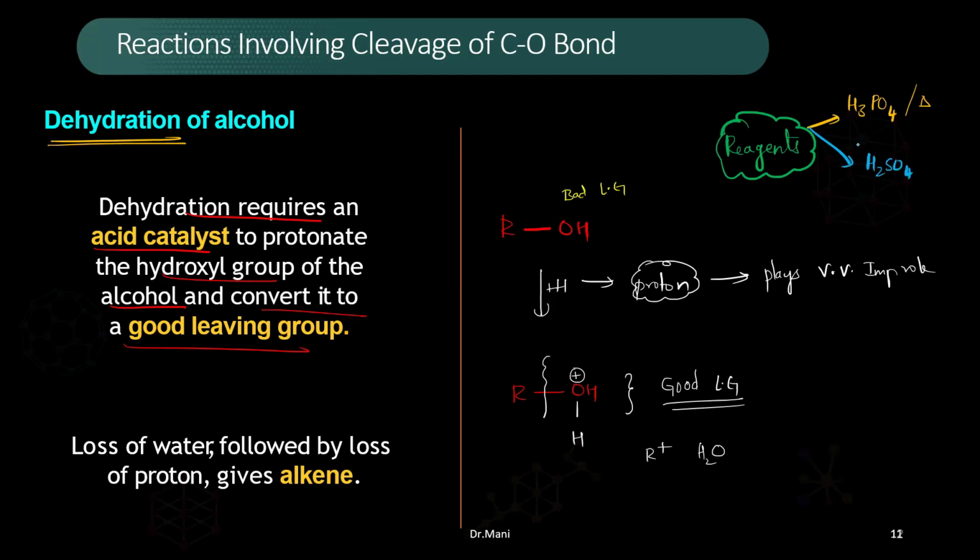It is a concentrated one, and here also you need to heat it. So these are the two reagents we'll be using: one is H3PO4, the other is concentrated sulfuric acid. Why are we using these reagents? In order to get the proton. Why do we need the proton? To convert the bad leaving group into the good leaving group. Once it is converted, the water molecule will be eliminated, and that is why it is called dehydration. After that, there is a formation of the double bond, so an alkene will be formed.